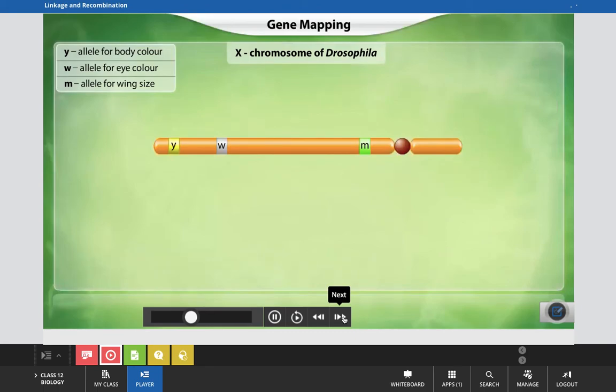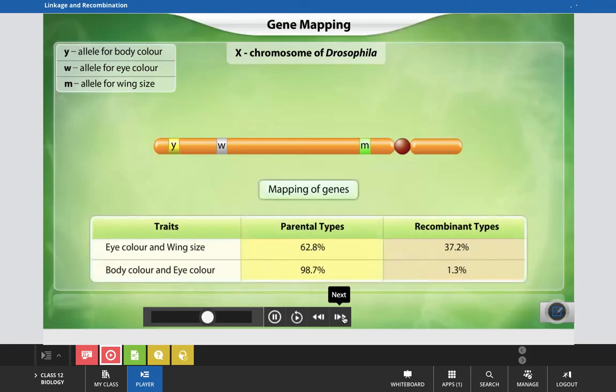Thus, concluding from the crosses we saw earlier, since genes for eye color and body color segregate only on 1% of the occasions, Sturtevant considered them to be one map unit apart.